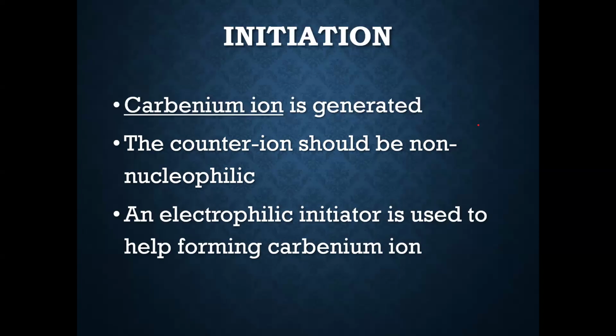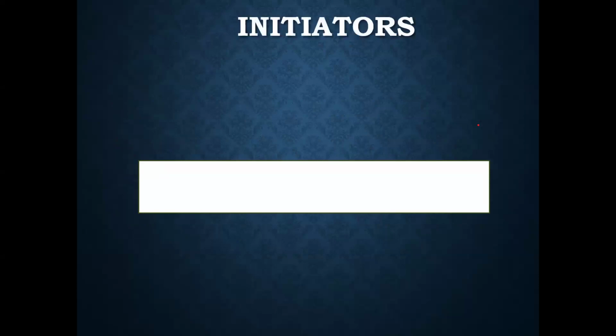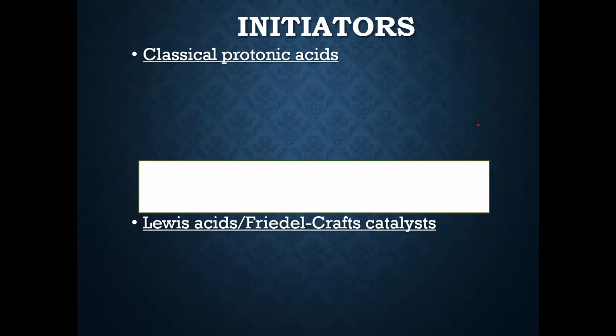Also for initiation, an electrophilic initiator can be used to help form the carbonium ion. And this carbonium ion will initiate the propagation step. What can be the initiators? The initiators can be a classical protonic acid or a Lewis acid with the aid of a Friedel-Crafts catalyst.